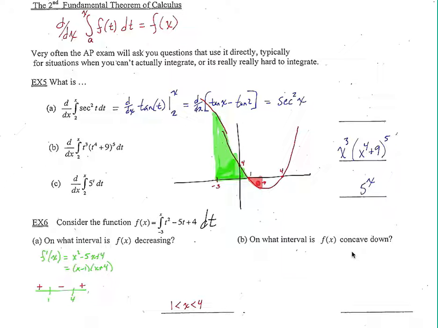So the second derivative here is going to be 2x minus 5. We have a critical point at 2.5. We do a number line analysis for the second derivative at 2.5 here. To the left of 2.5, the second derivative is going to be negative.